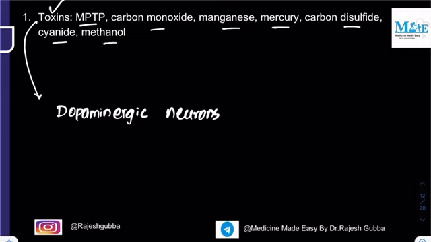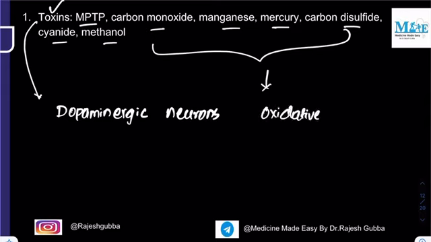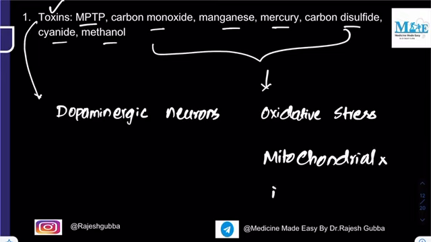So these toxins damage the dopaminergic neurons within the brain. Not only that, these toxins also cause oxidative stress, mitochondrial dysfunction, and a third important thing, inflammation. So these are the toxins that cause secondary Parkinsonism.